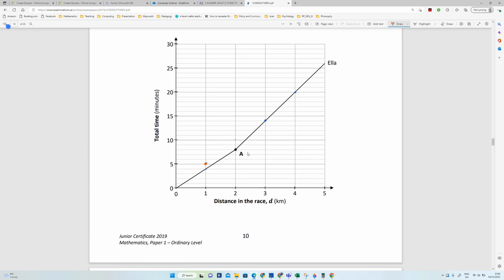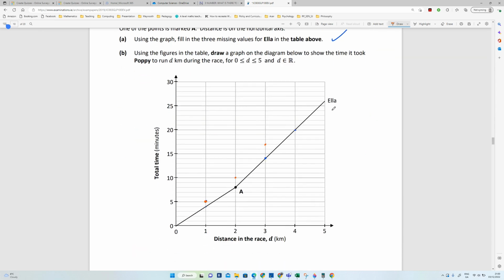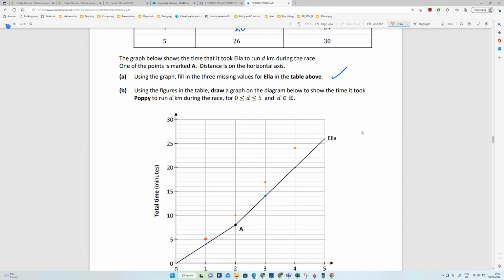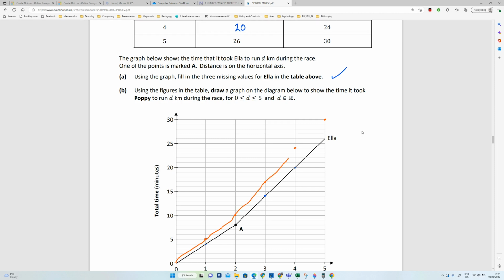So she was here after the second one, and after the third one she was at 17, which is here, and on the fourth one she was at 24, which is here, and the final one she was all the way up to 30. So she was a bit slower than Ella. You would do this with a ruler obviously, but I'm just going to sketch this in very roughly. That's what we see for Poppy, and we should label that as well. So that's Poppy's times.